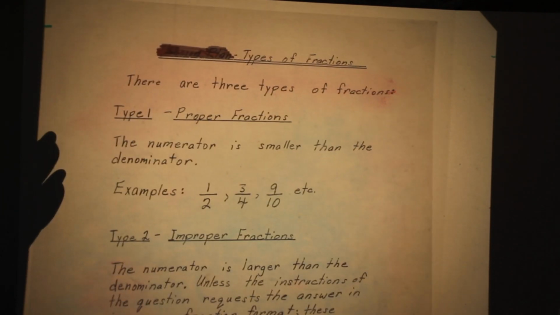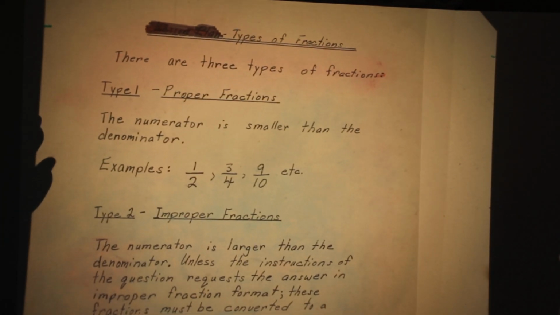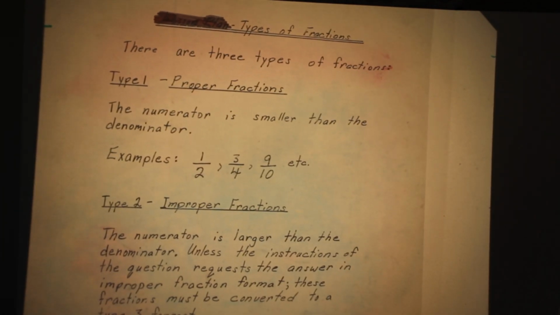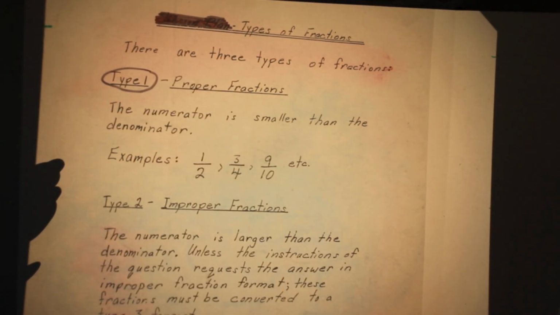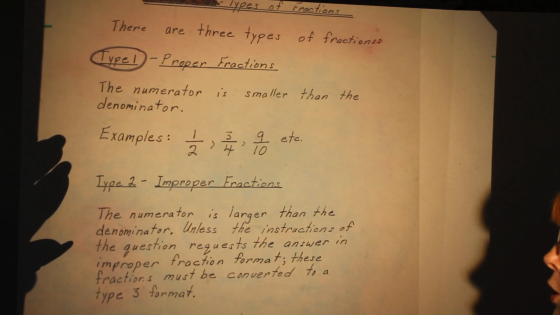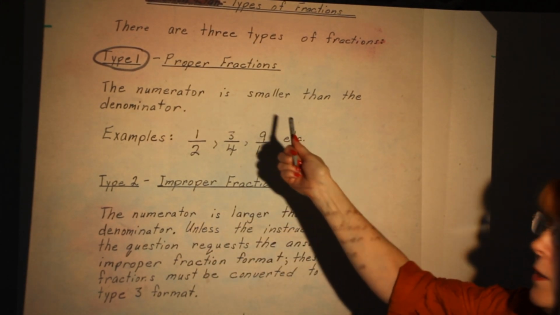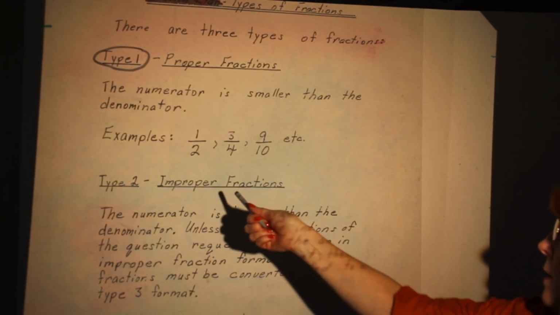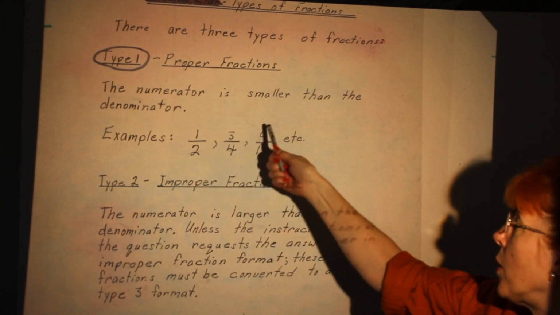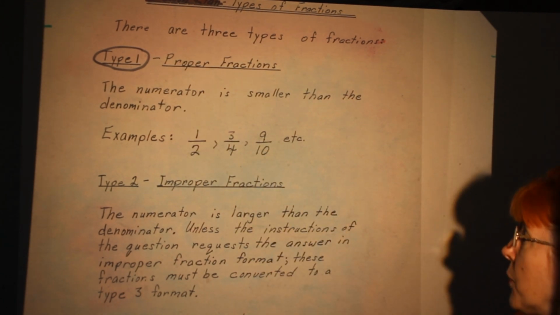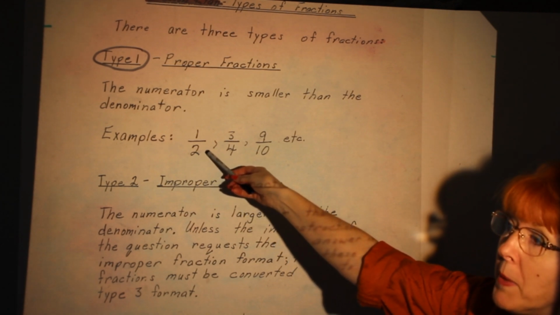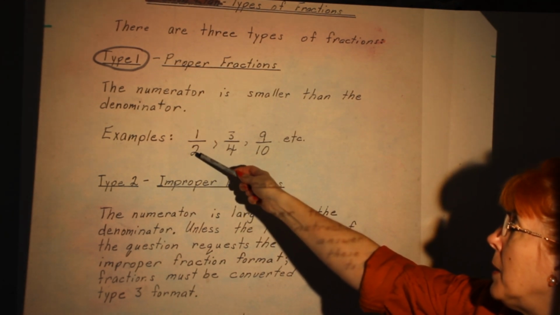We're also going to look at your 3 types of fractions, starting with your proper fraction. So that's your first one. And most people see proper fractions. You're looking at the numerator is smaller than the denominator. So a half, 3/4, 9/10, doesn't matter. The bottom number tells you the total number of pieces that you have.